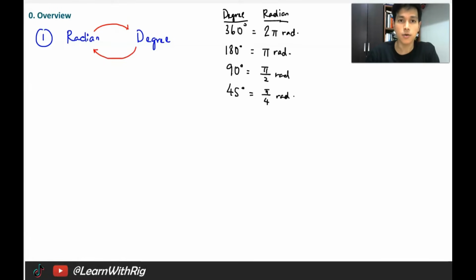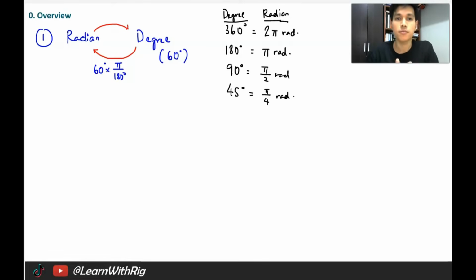For degree to radian, this one is in terms of degree, right? So let's say it's 60 degree, for example. You want to convert to radian, you take 60 times pi over 180. This is to convert from degree to radian.